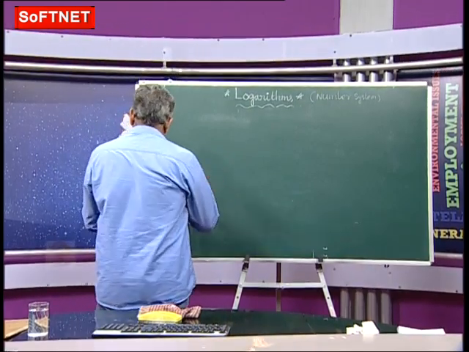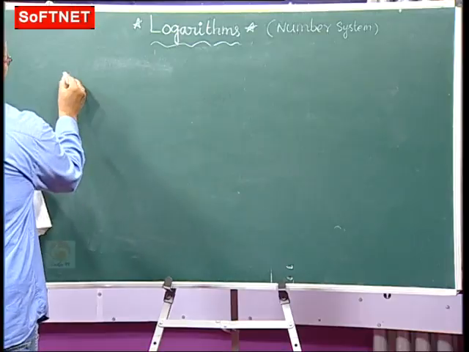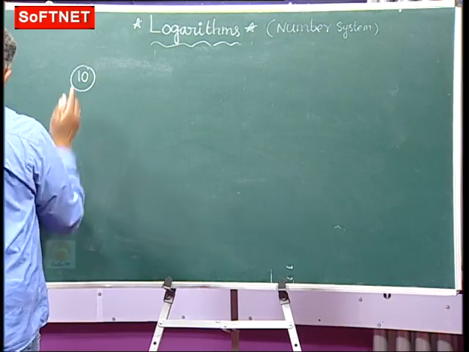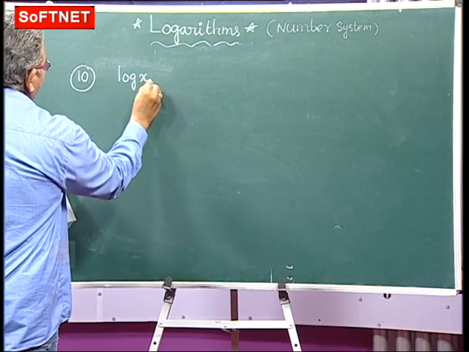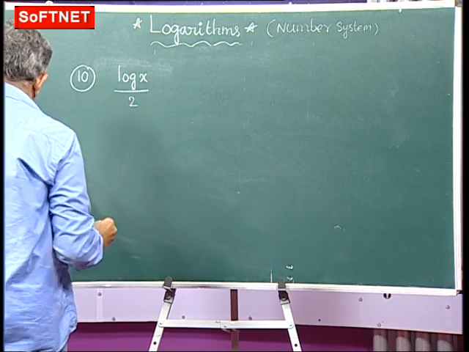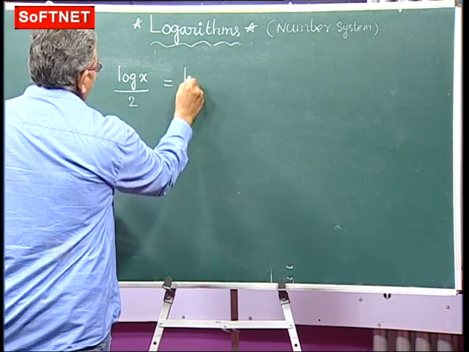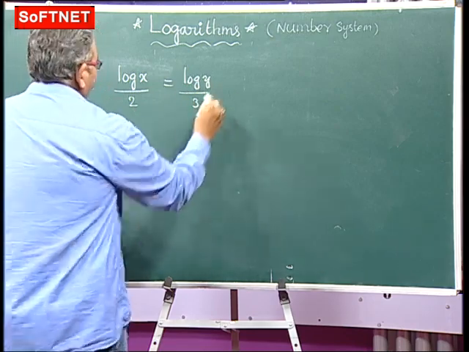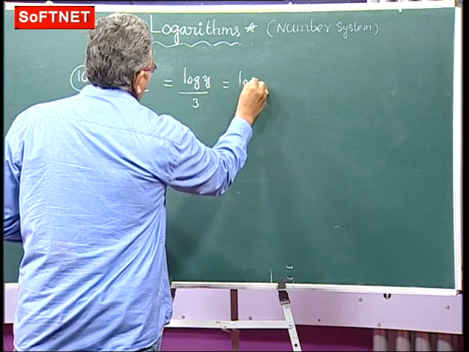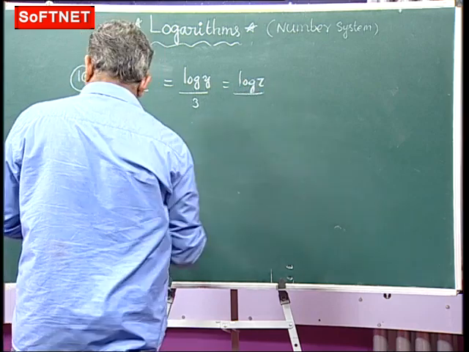Okay. Now, next problem. Log x by 2 is equal to log y by 3 is equal to log z by 5.